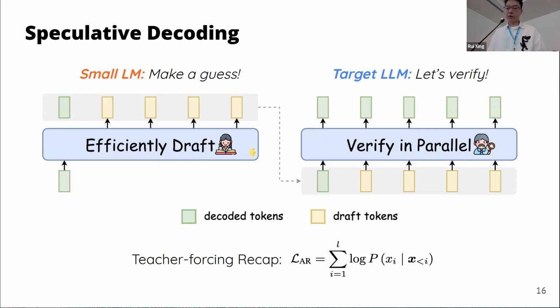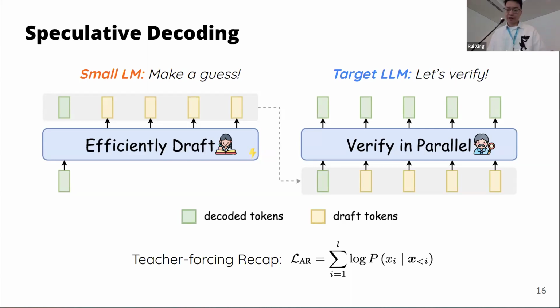We use the small language model to generate a few draft tokens, like 4 draft tokens in this figure, for example. And these draft tokens can be seen as speculations or guesses on the future decoding steps of the target language model, like the bigger one on the right.